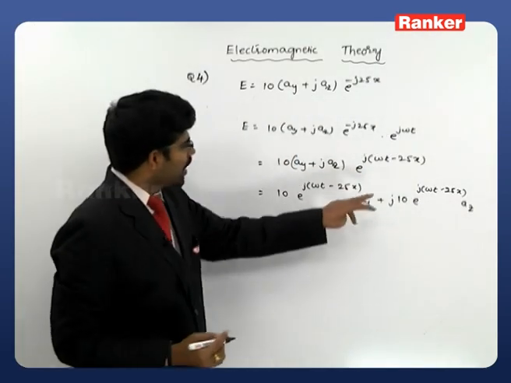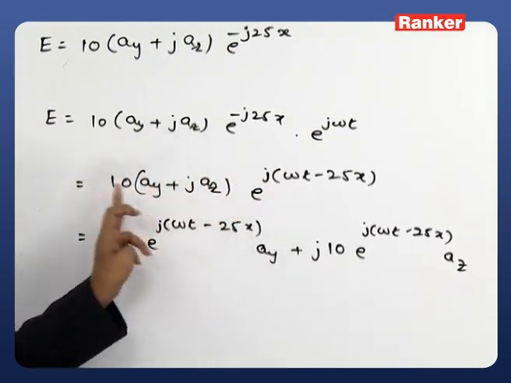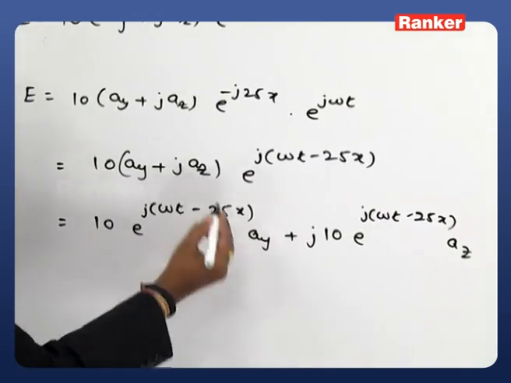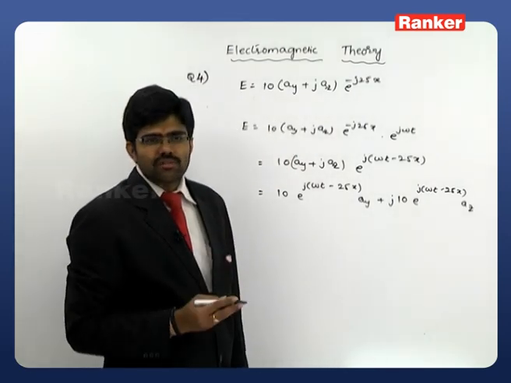Just what I did is I applied this quantity to these two terms, the first term which is in y direction, the second term which is in z direction, that I am considering as two components of the electric field.